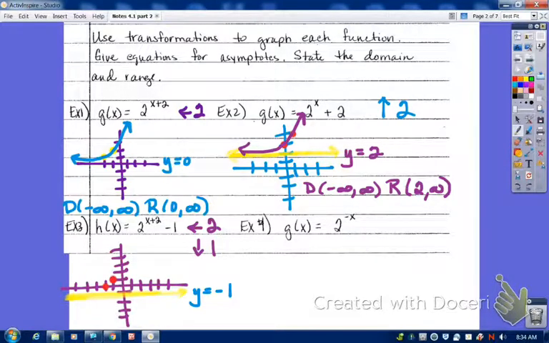I think so. Y'all are quiet, so I don't know whether y'all getting this or not. Does that one make sense? All right, domain. Range. Negative 1 to infinity.